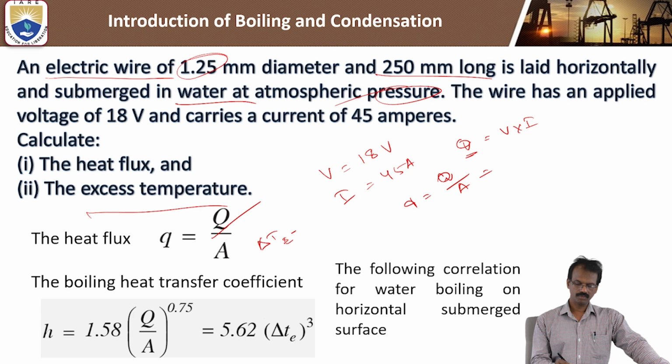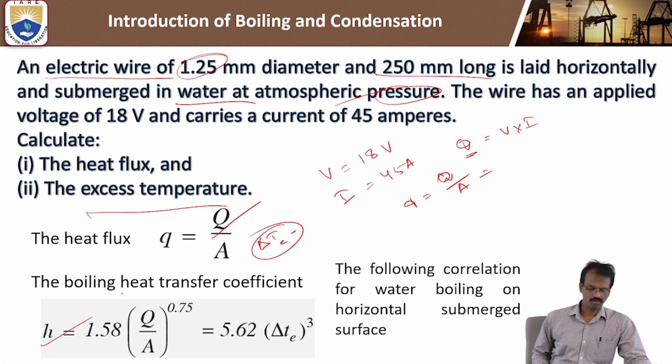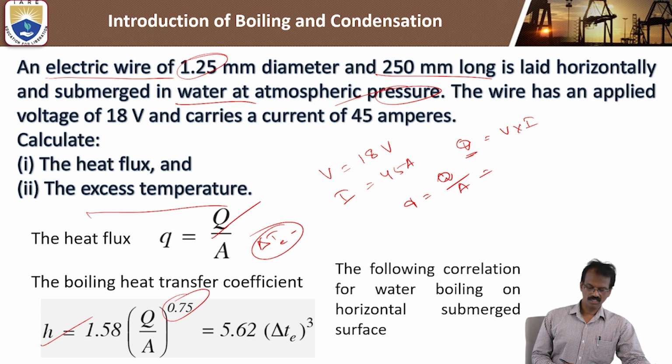So the boiling heat transfer coefficient, you know this formula, you can use this one: H is equal to 1.5 into (Q by A) to the power of 0.75. By using this formula, you can find out the H value.